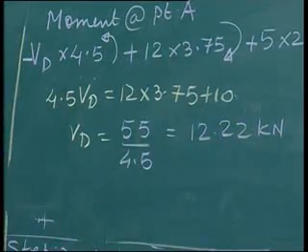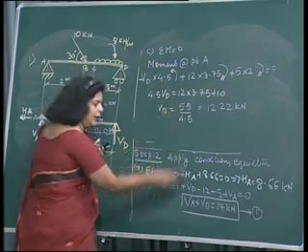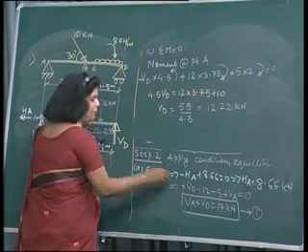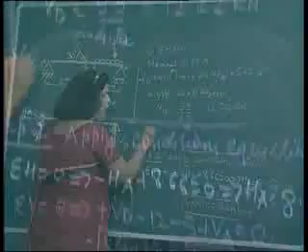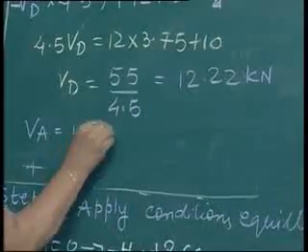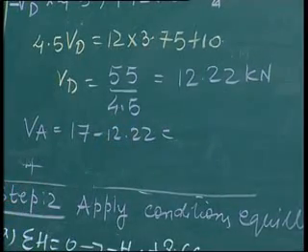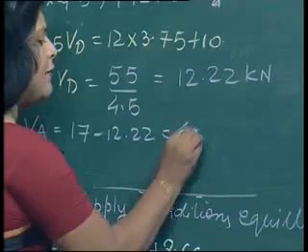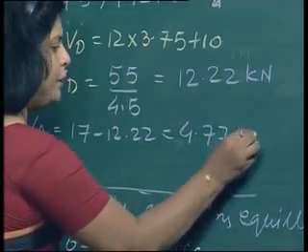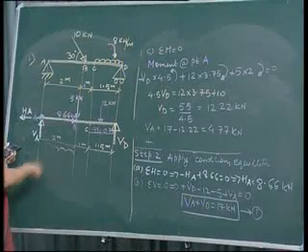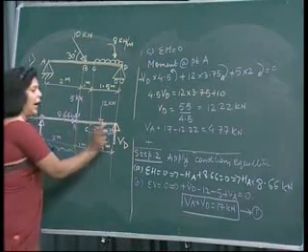If I substitute my value of Vd in equation number 1, I can get the value of Va. So Va is equal to 17 minus 12.22, that is 4.77 kilonewtons. So I have found my reactions Va, Ha and Vd.